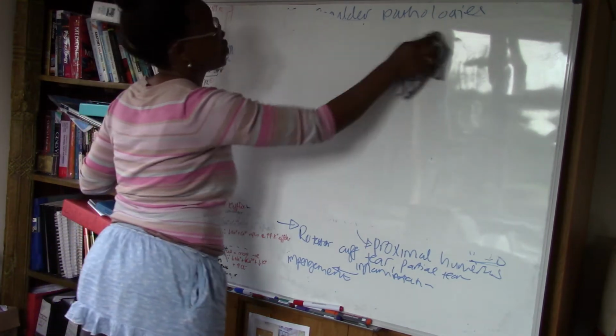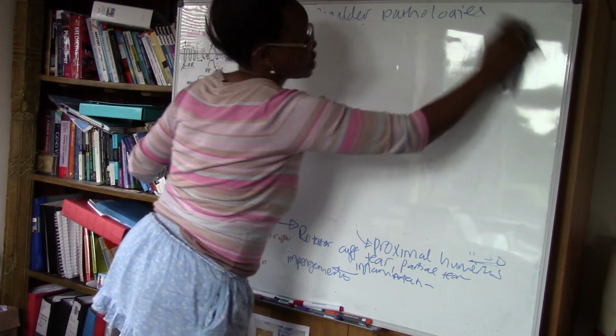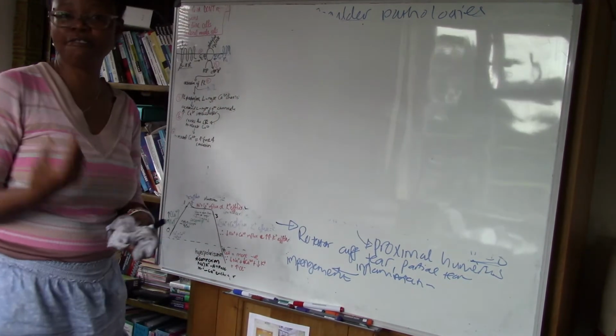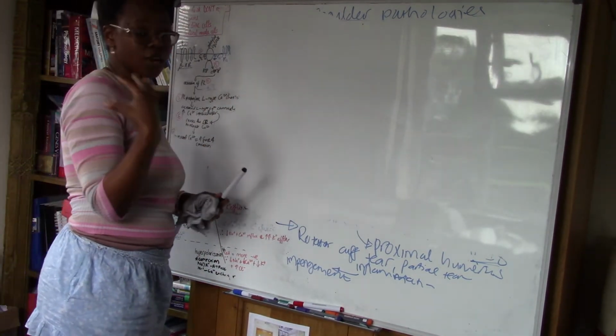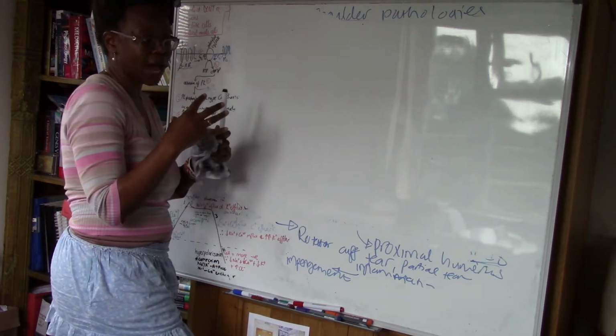rotator cuff injuries. And obviously the rotator cuff injuries are quite important in the sense that the rotator cuff muscles hold the glenohumeral joint together, and they stabilize it.